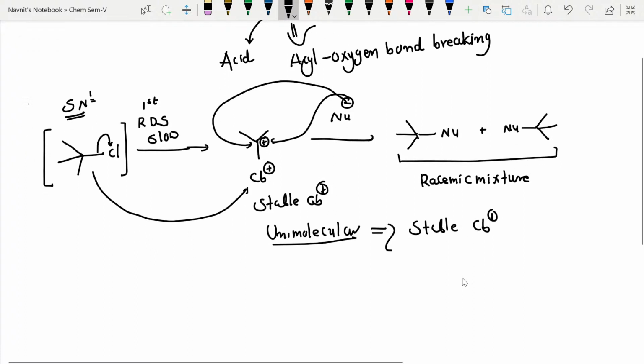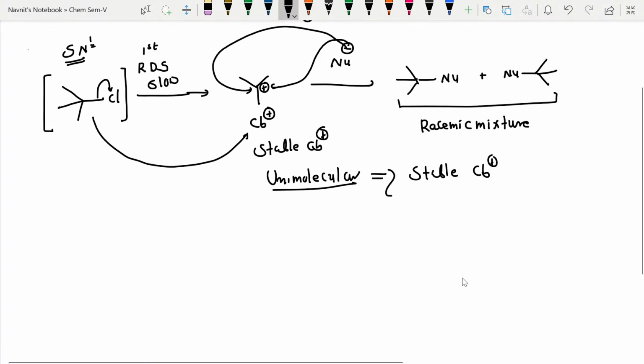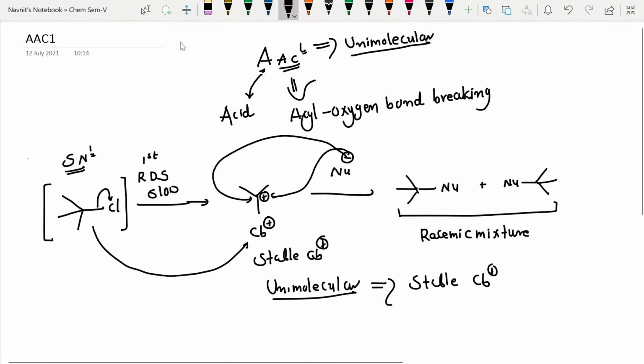So here we have to discuss the stability of the carbocations, because the AAC1 mechanism is followed by those molecules which are able to form a stable carbocation.